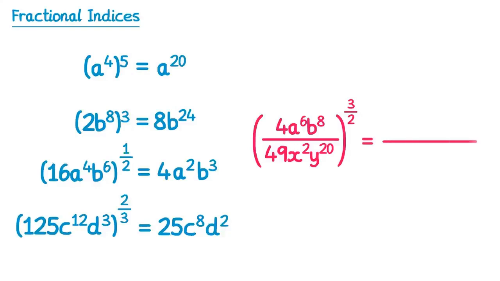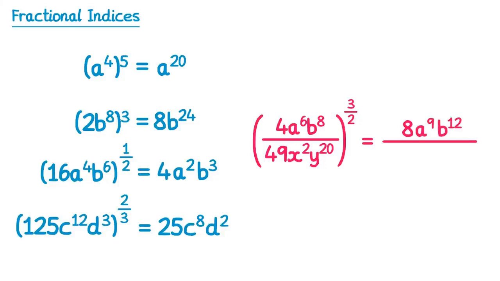To do this, we'd raise 4 to the 3 over 2, which means the square root of 4, which is 2, and then we cube that, which is 8. We can then multiply 3 over 2 times the 6 and the 8 for the a and the b. So 6 times 3 over 2 gives you 9, and 8 times 3 over 2 gives you 12.